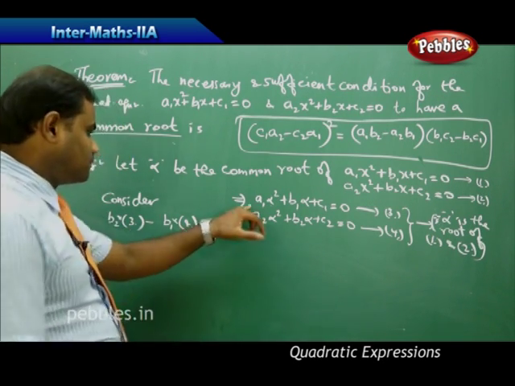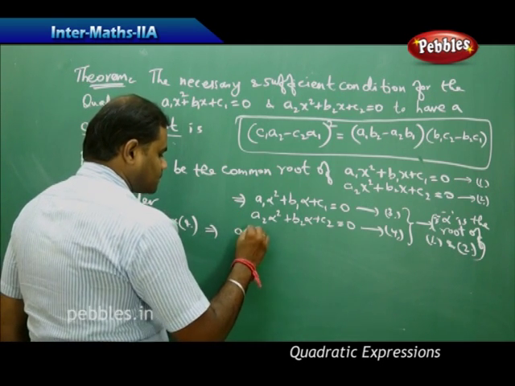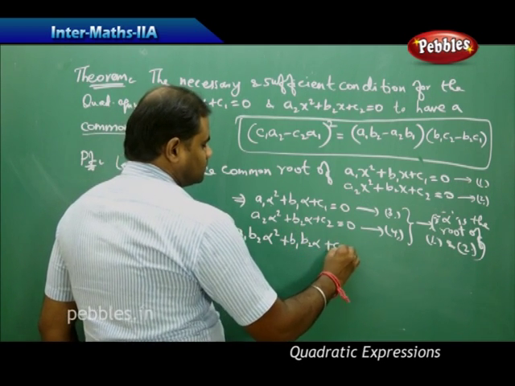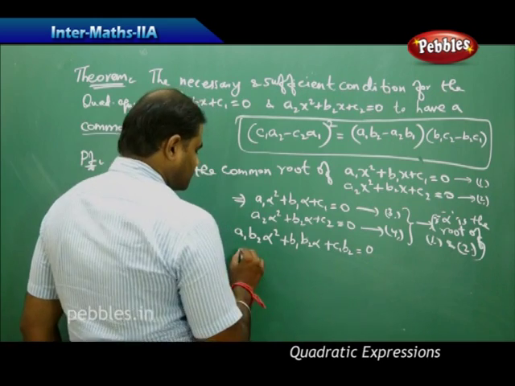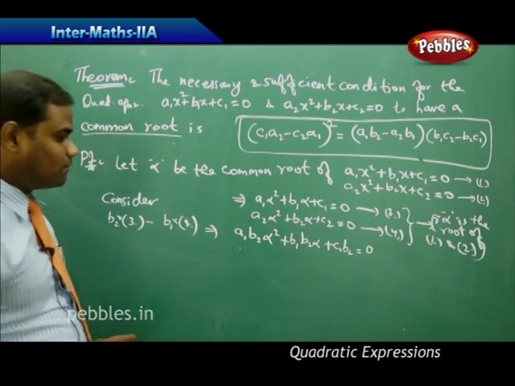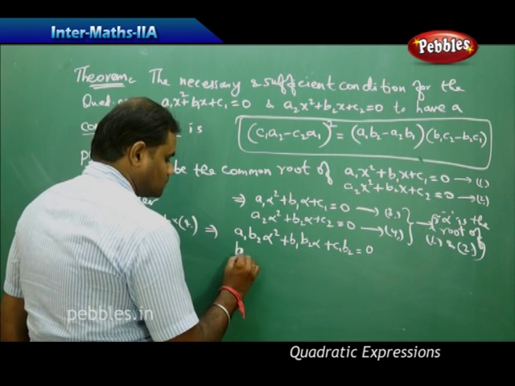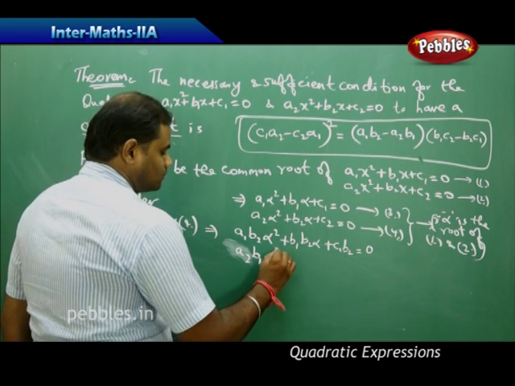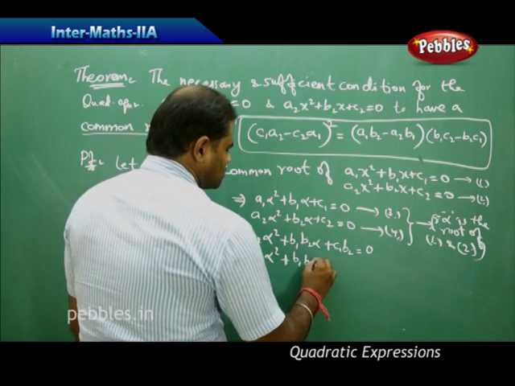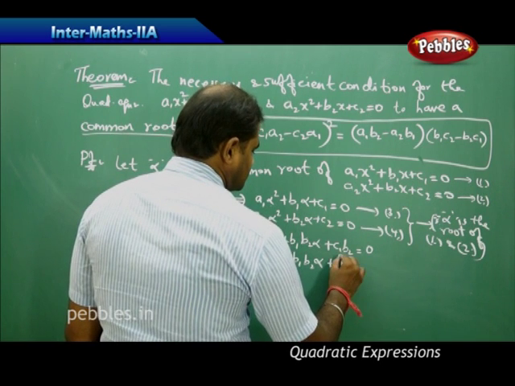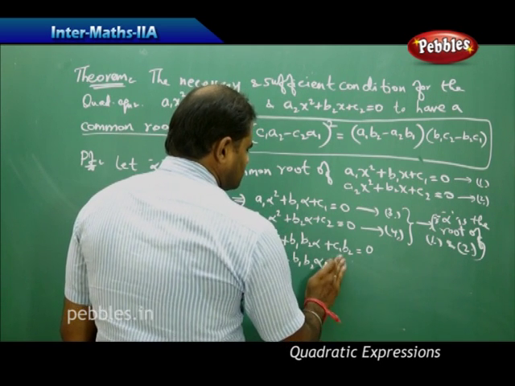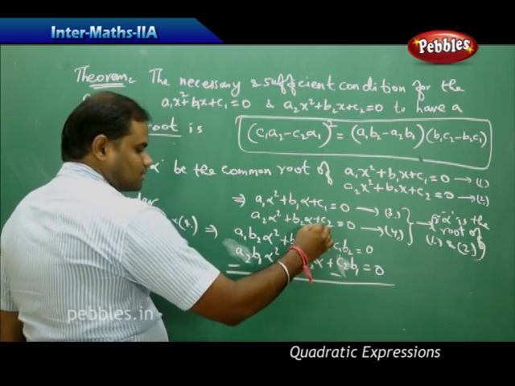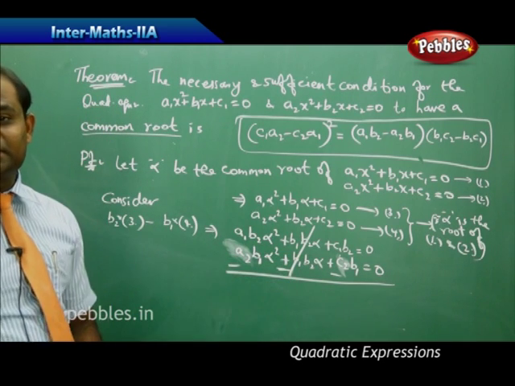When I multiply equation 3 with b2, I get a1 b2 alpha squared plus b1 b2 alpha plus c1 b2 equals 0, and from equation 4 multiplied with b1, I get a2 b1 alpha squared plus b1 b2 alpha plus c2 b1 equals 0, and then I subtract so that this time this is the common term which gets cancelled.